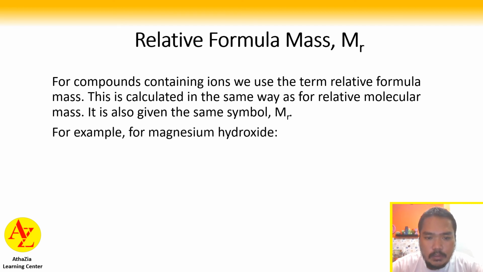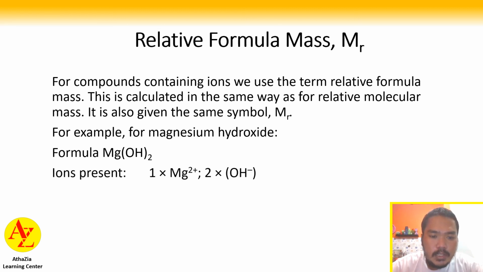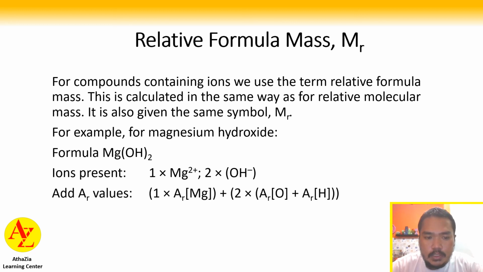For example, for magnesium hydroxide, the formula is Mg(OH)2. In the compound, they have ions: one Mg2+ and 2 times OH-. So we add the AR values, multiplied by the number of ions.